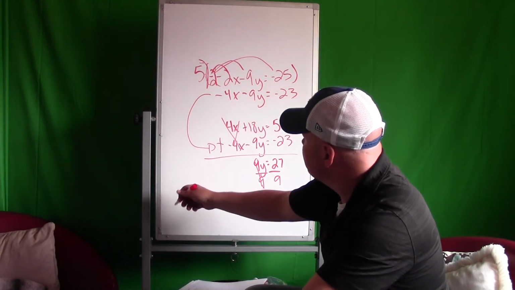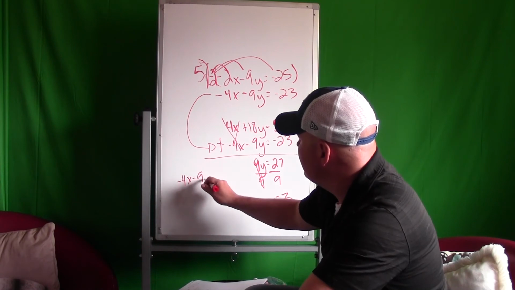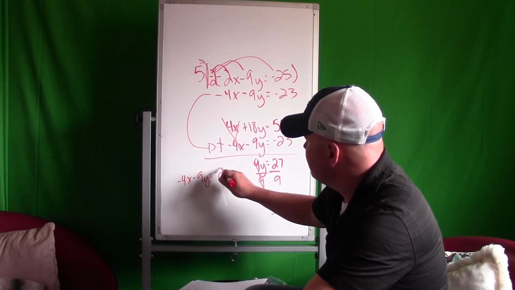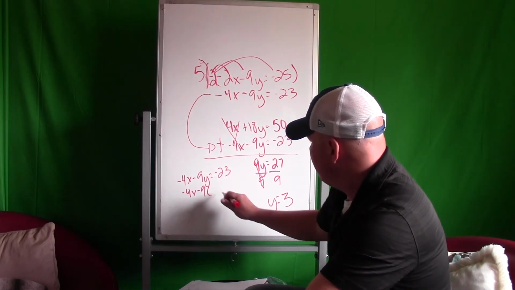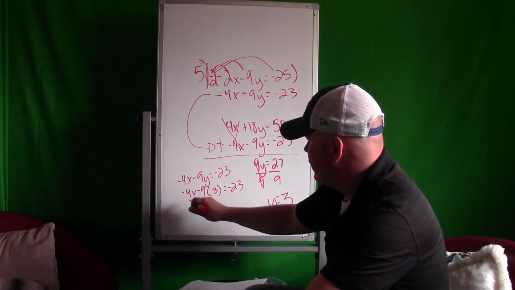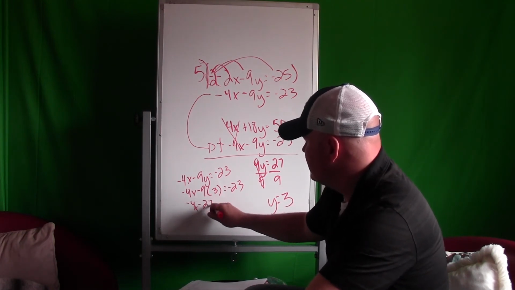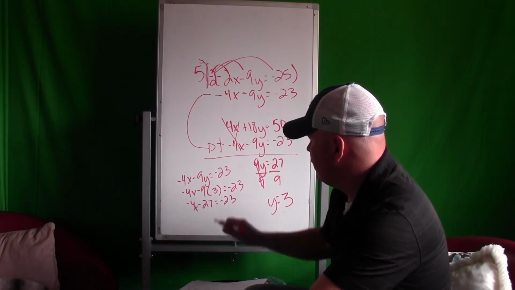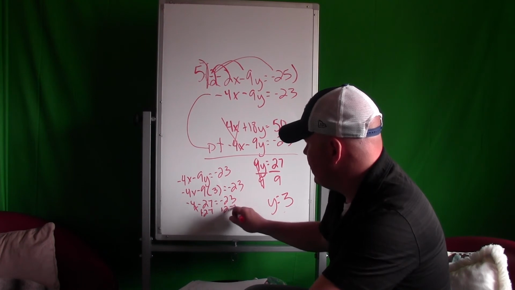Let's take the bottom equation, negative 4x minus 9y equals negative 23, and plug that 3 in for my y value. That becomes negative 4x minus 27 equals negative 23. Going to add 27 to both sides.